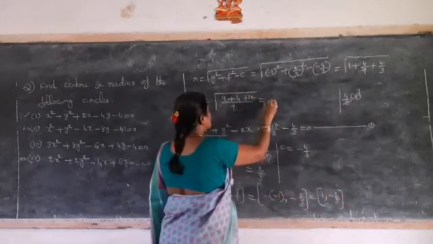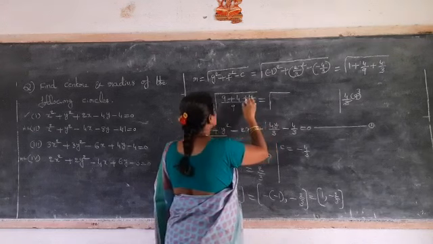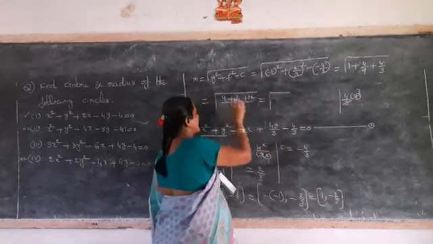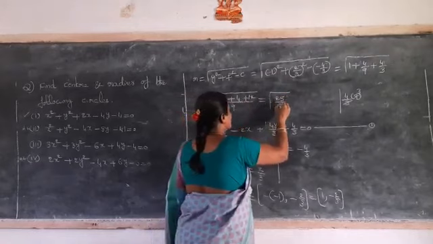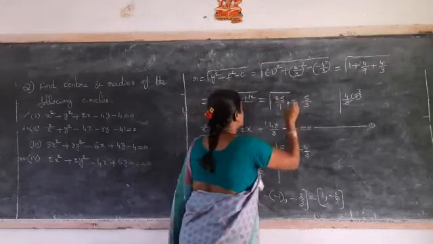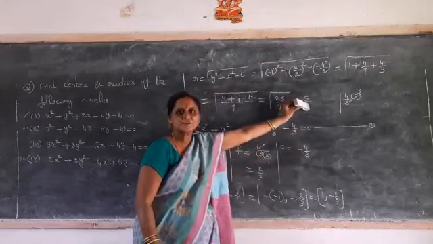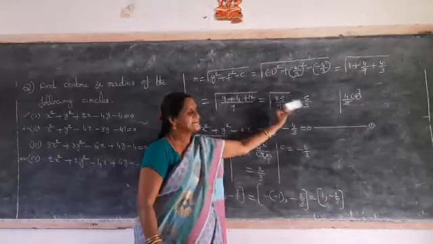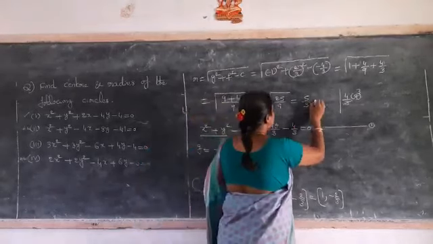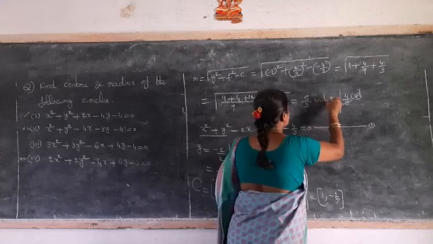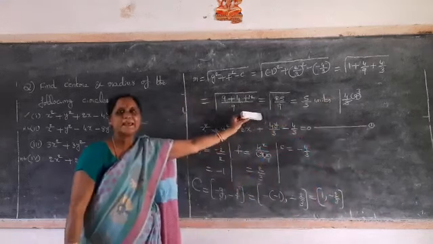Which is equal to root of 12 plus 4, 16, plus 9, 25. 25 by 9 is equal to 5 by 3. Root of 25 is 5, root of 9 is 3. So r is equal to 5 by 3 units. So this is the answer.